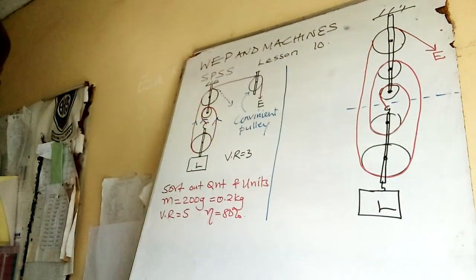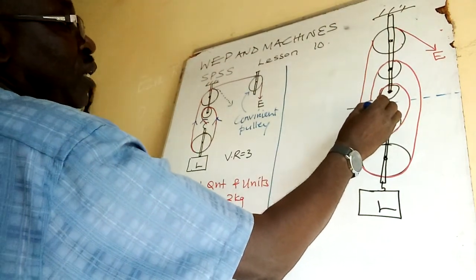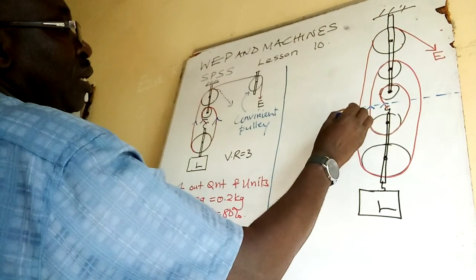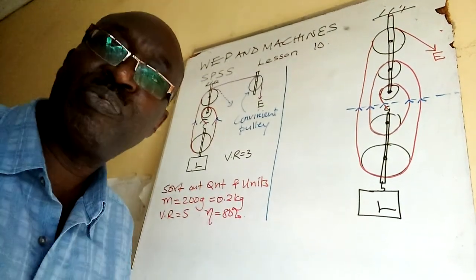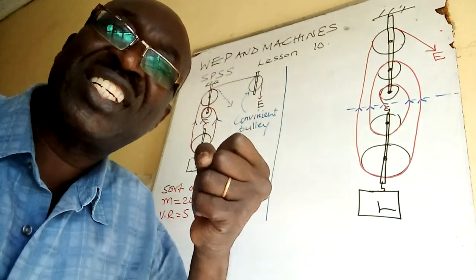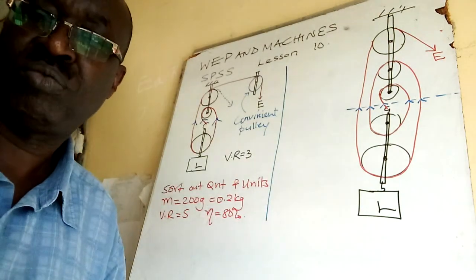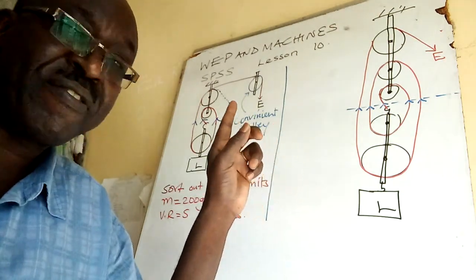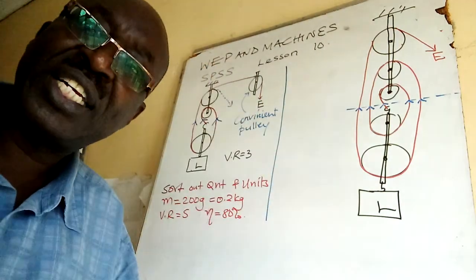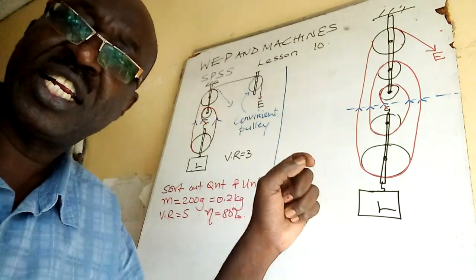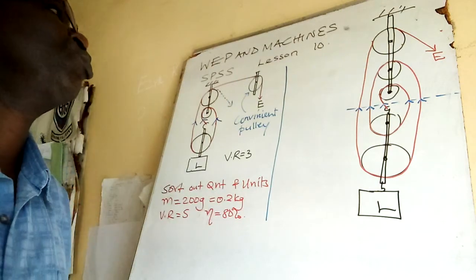If you look at it from that level, you will find there is a tension here, another tension there, another tension. Those are 5 places where you hold the string so that the load remains in position, and that will give you the velocity ratio.